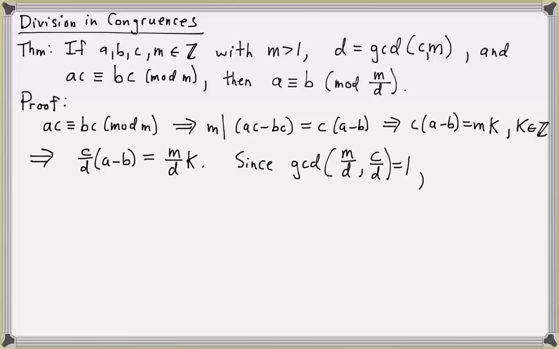So since the GCD of m over d and c over d is 1, m divided by d must divide a minus b, by Euclid's lemma.